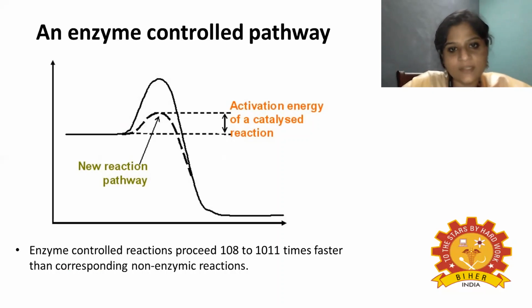The activation energy required for a reaction using a catalyst will be very low. So basically if we use an enzyme, the activation energy is lowered and the products are formed. Enzyme controlled reactions proceed 10^8 to 10^11 times faster than corresponding non-enzymatic reactions.